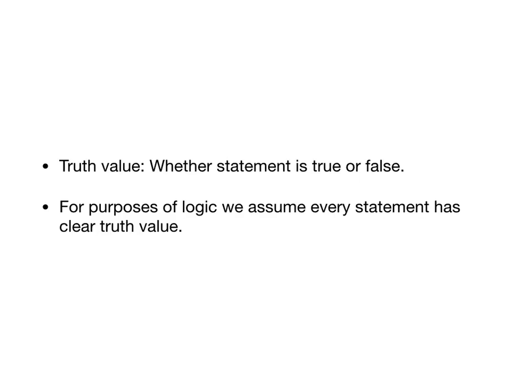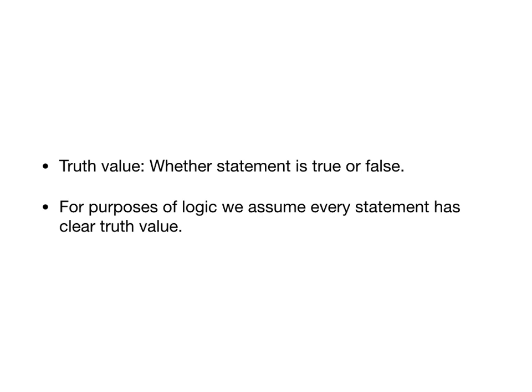So the first is just some of our jargon, right? Truth value is just whether a statement is true or false. And for the purposes of logic, we assume that every statement does have a clear truth value, right? In the real world, this is debatable for reasons I'll talk about in a little bit, but in logic, we make this simplifying assumption.